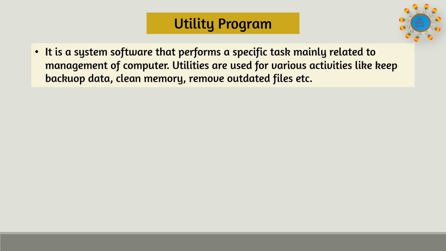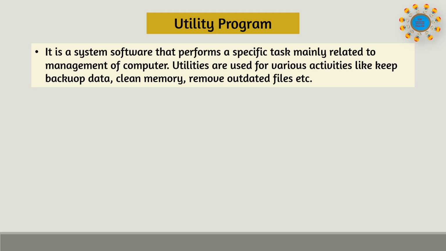First of all, utility software. It is the software that performs a specific task mainly related to the management of the computer. So various utilities are there. Otherwise we can say various activities like keep the backup data, clean the memory, remove outdated files.